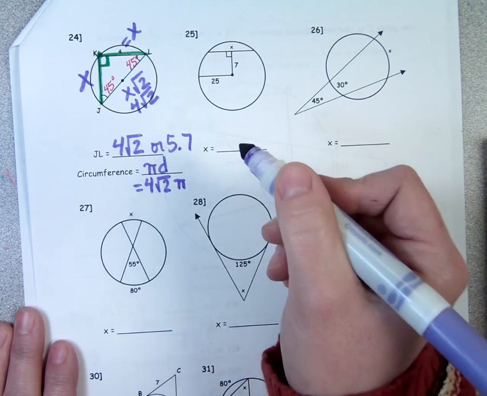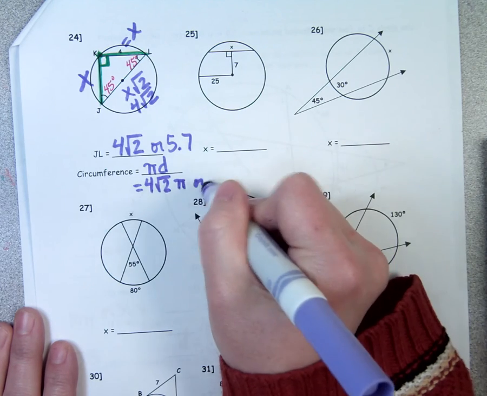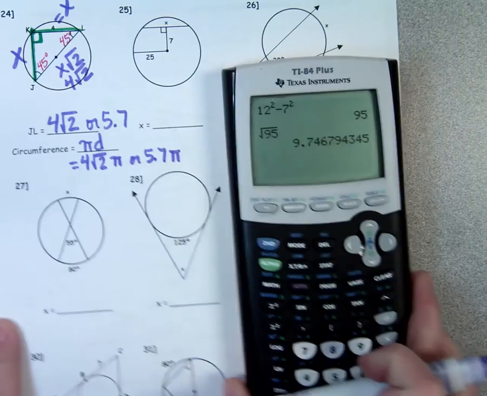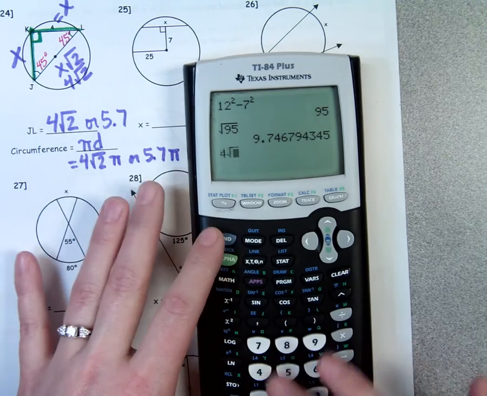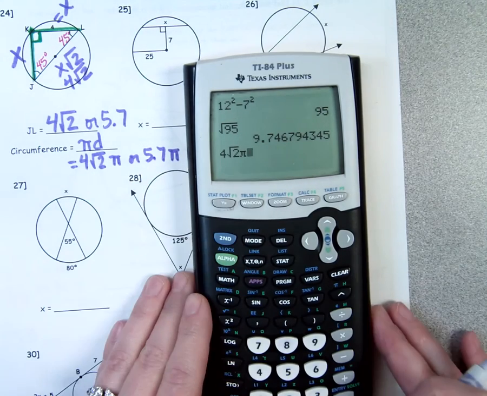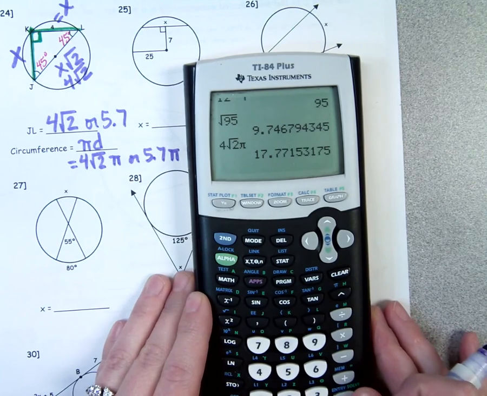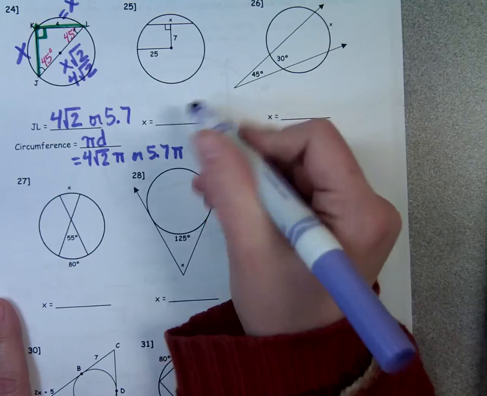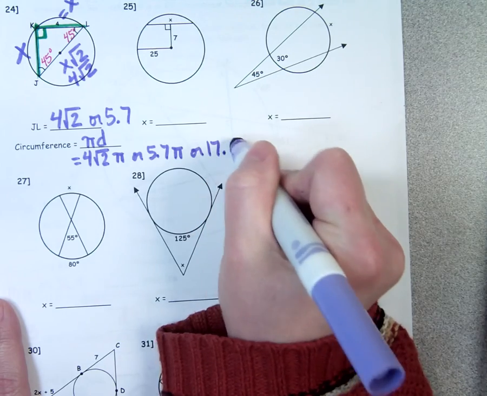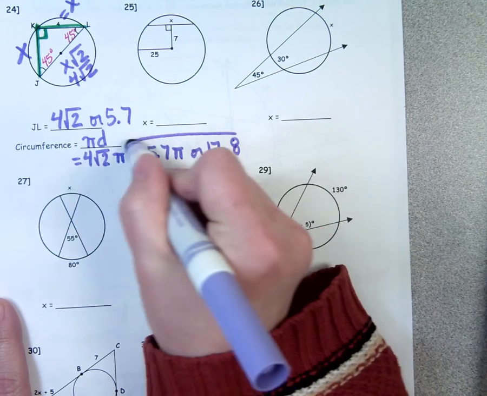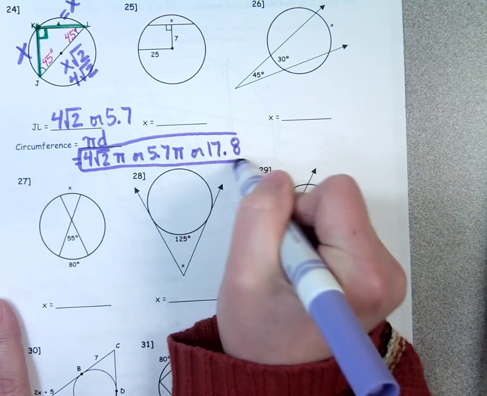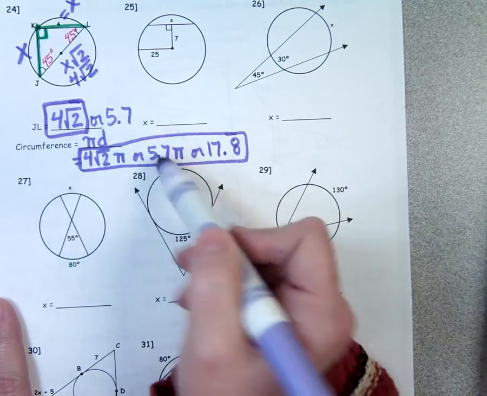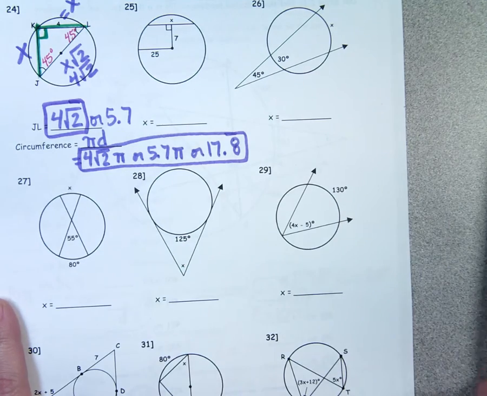And if you put that in the calculator, you could get about 5.7 pi, or if I put 4 square root of 2 pi in the calculator like this, then I could get about 17.8. So one of these, they're all the same. 4 square root of 2 pi is, of course, the most accurate answer you could possibly give me, because the 5.7 is a rounding of that.